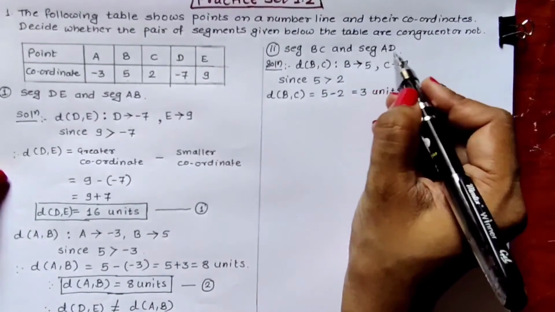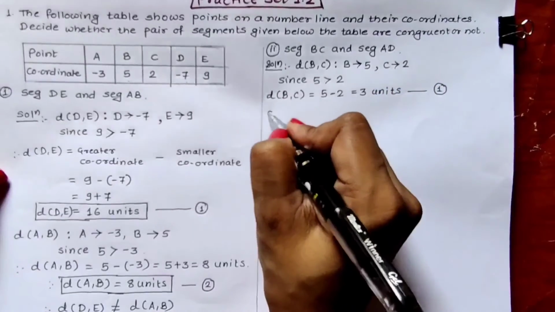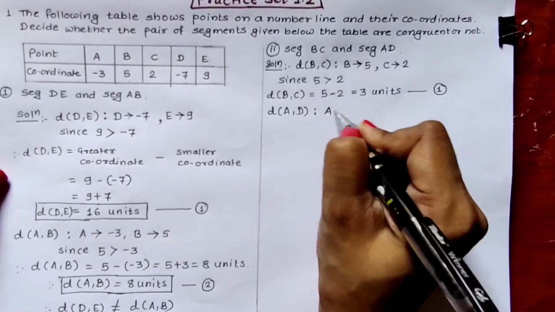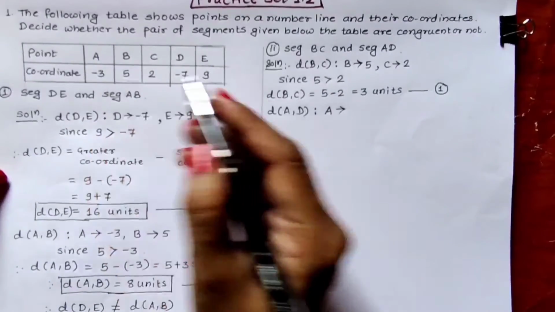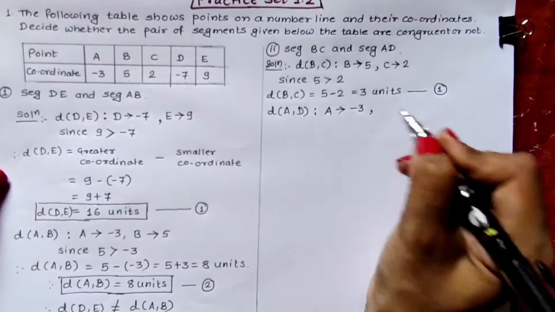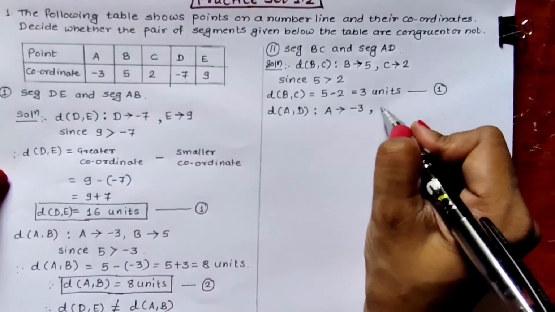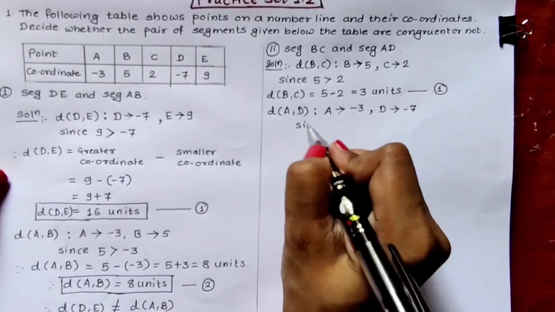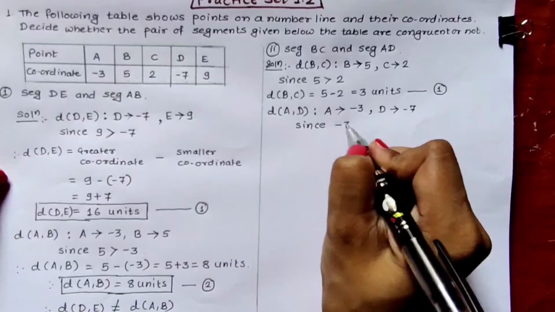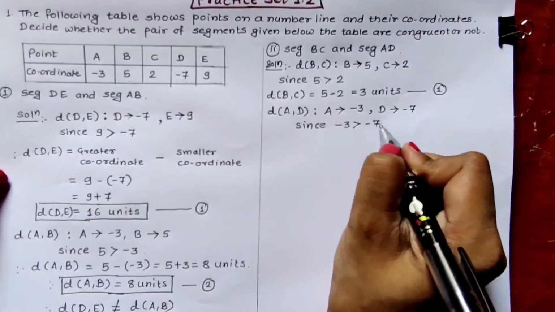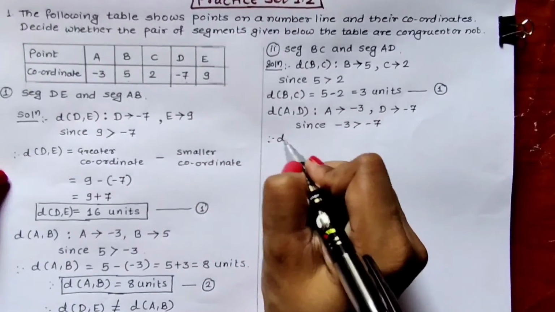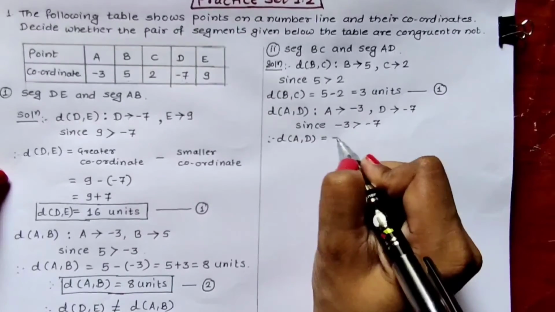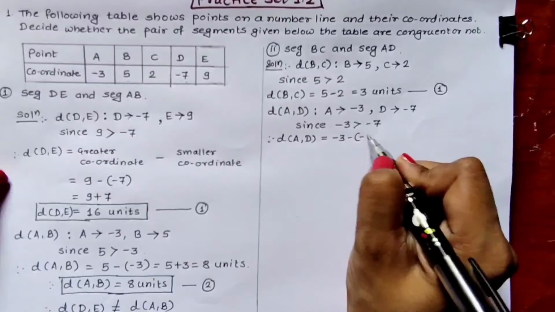Now we have to find out distance AD. So here we write distance AD. Coordinate of A is minus 3. Coordinate of D is minus 7. We all know minus 3 is greater than minus 7, and therefore distance AD is equal to minus 3 minus minus 7.